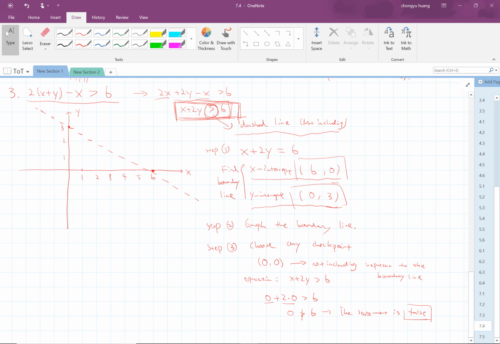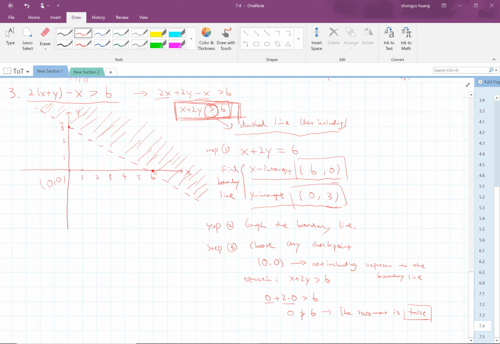So you can see the point over here, this is the original point, right? Here it is not included, so you have to include the other half plane. Something like this. It's good enough.